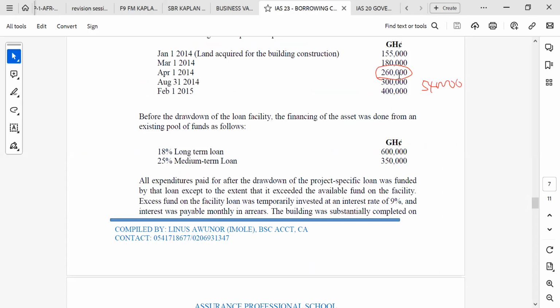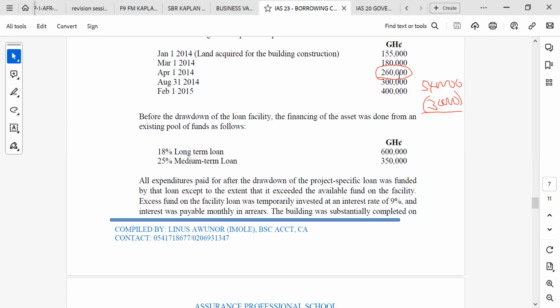This 540 on August 31, we have used 300,000. So what will be the remaining amount, or what portion of the 800,000 have we used for this year?